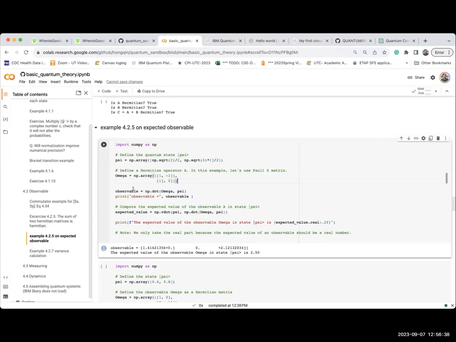And then the first omega psi is the dot product, and then follow with omega psi and the vector dot product.